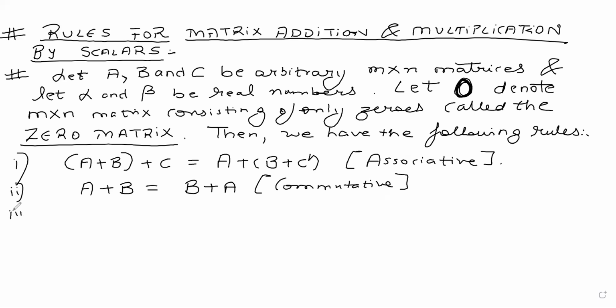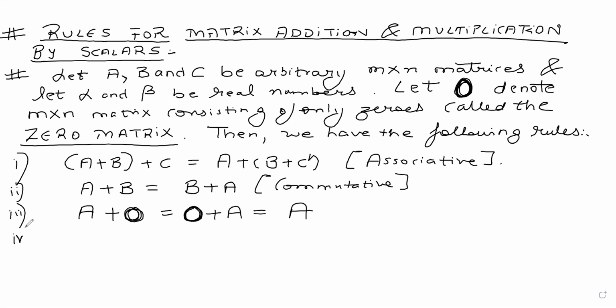Then matrix A plus the zero matrix is equal to the zero matrix plus the matrix A, which will give you back the matrix A. That means if you add the zero matrix to any matrix, you will get back that matrix itself. So you can say that the zero matrix is the identity for addition.